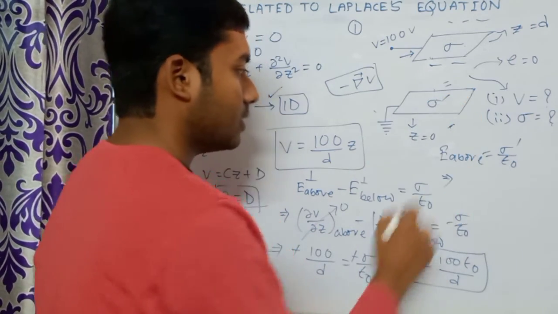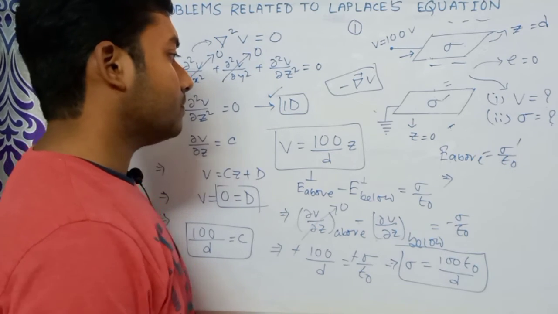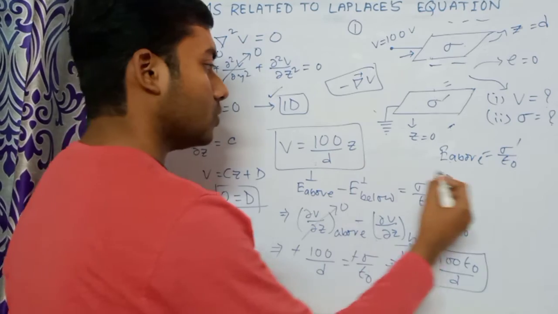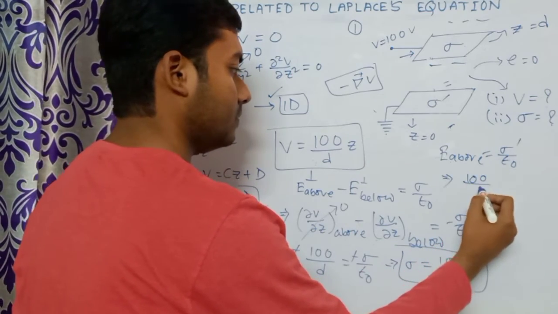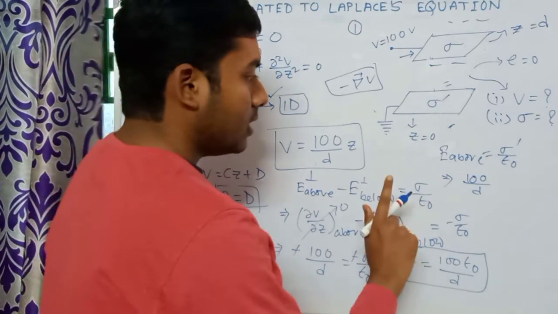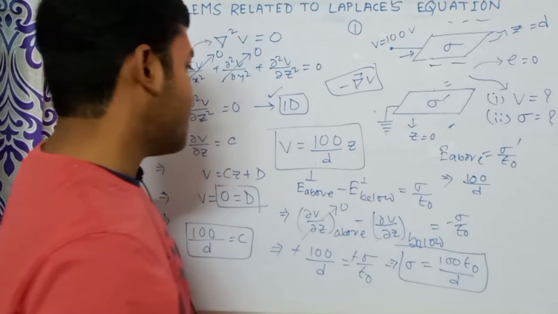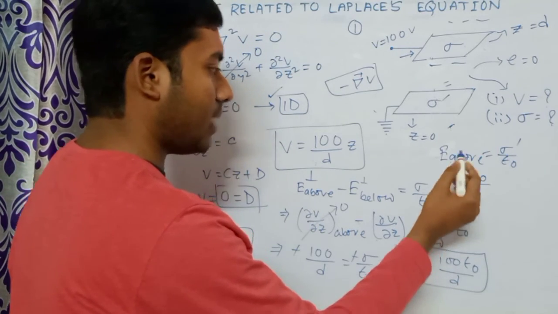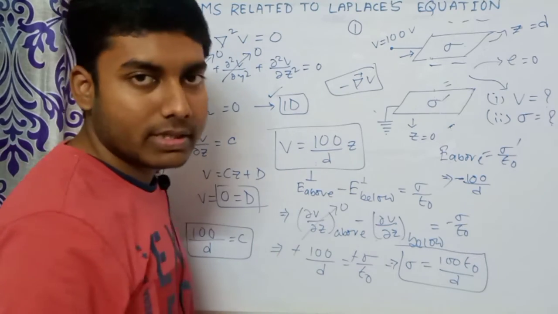E above means we have to take the derivative with respect to z, so this will become 100 over d, and with a negative sign also, because E is equal to minus dv dz.